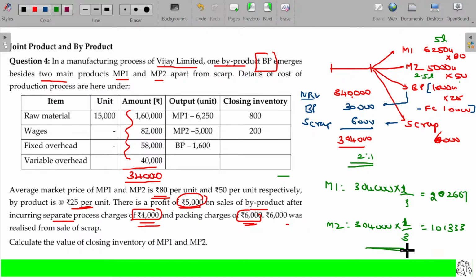Overall cost, from there you can recognize or realize the byproduct value and scrap value realized after the cost. Okay, NRV is subtracted. So balance 3 lakhs 4,000 is the joint cost allocated only to the main products, say M1 and M2. While allocating these two, you can either use the unit or value, but predominantly we are going to follow the value, sales value. Is that clear?